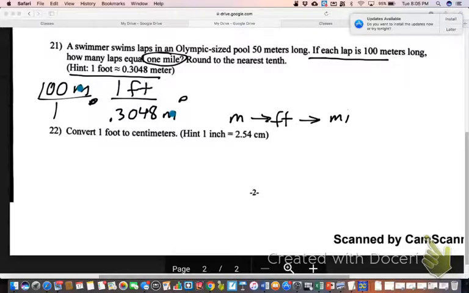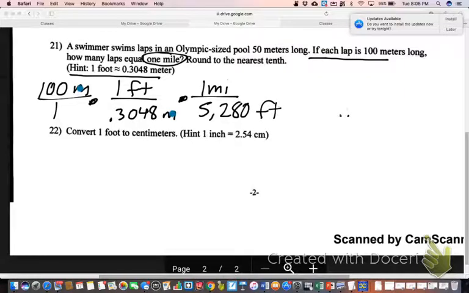Put my 1 foot on top. And then I know that there are 5,280 feet in 1 mile. So I'm going to do 1 mile over 5,280 feet. And again, I put the feet in the denominator so that it would cancel with the feet in the numerator.